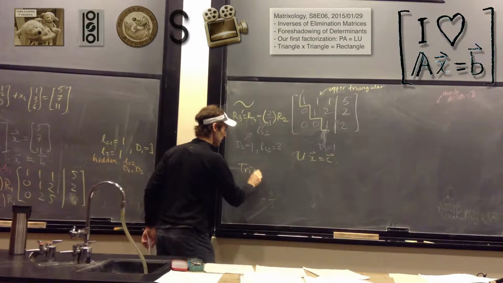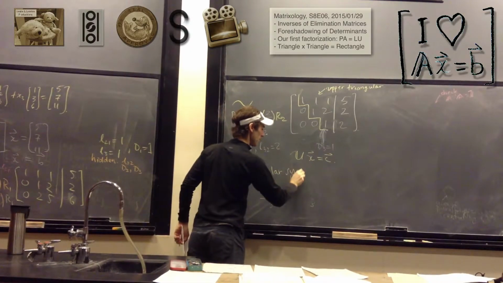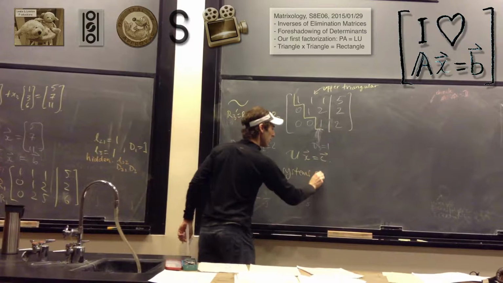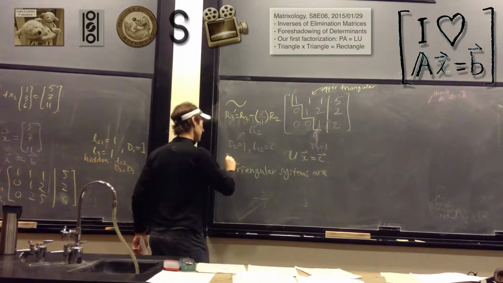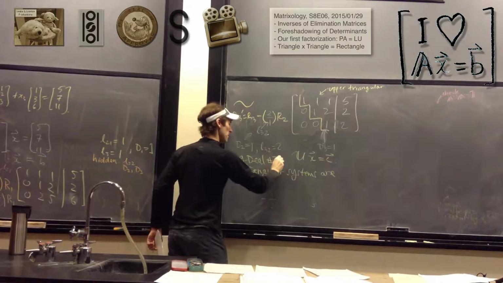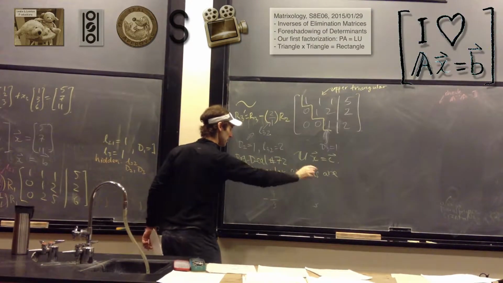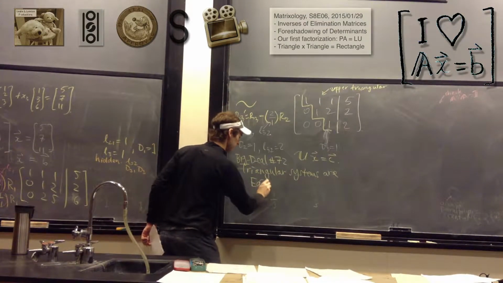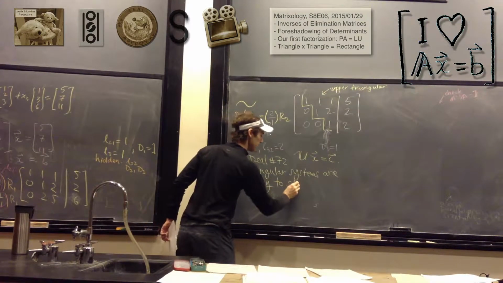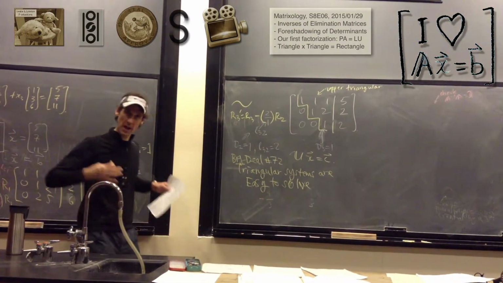So triangular systems are easy to solve. This is a big deal. Triangular systems are easy to solve, right? In the past we've used back substitution. That's how we set this thing up.